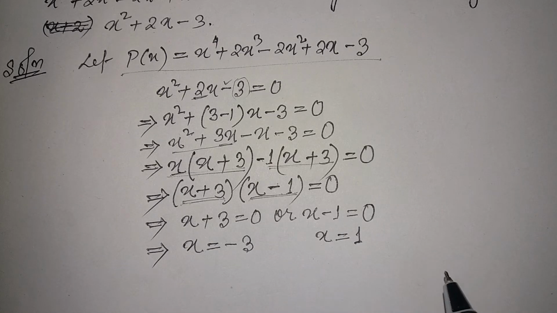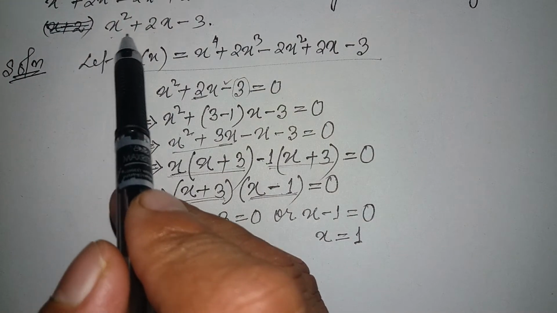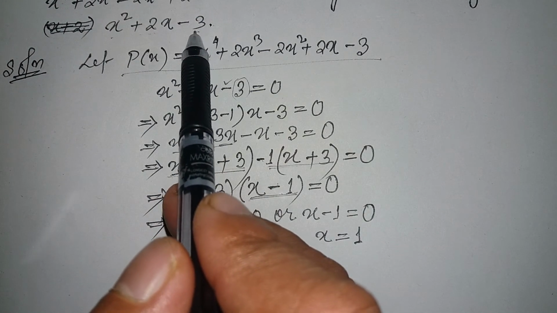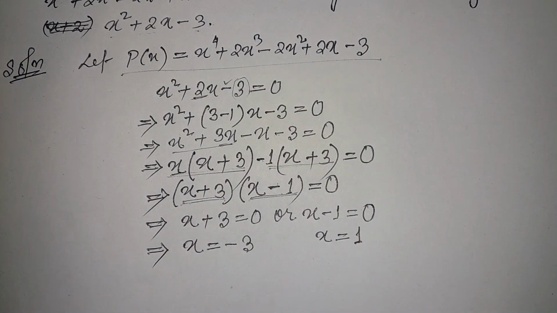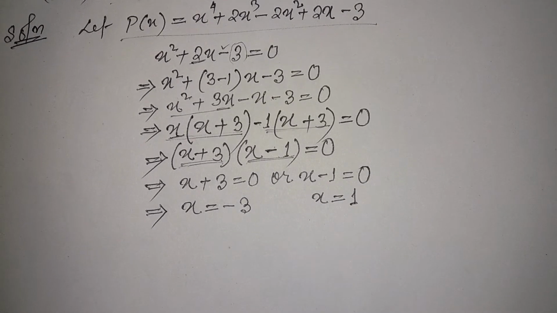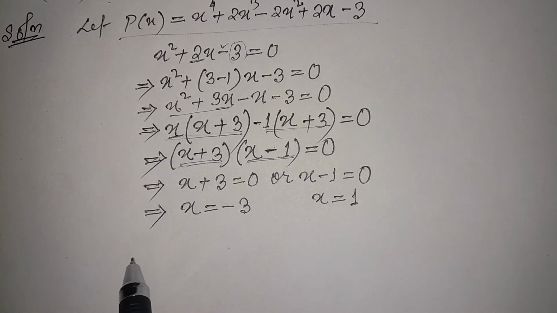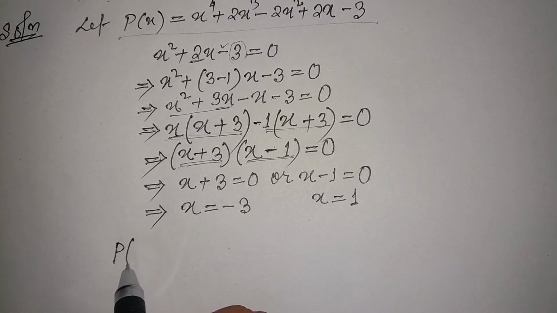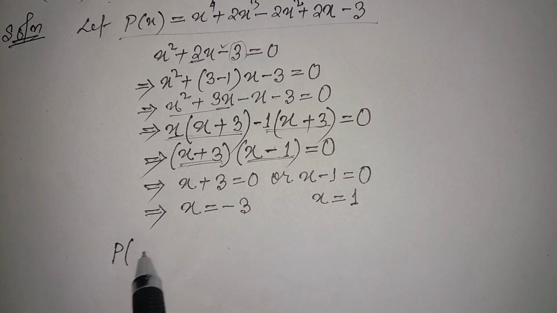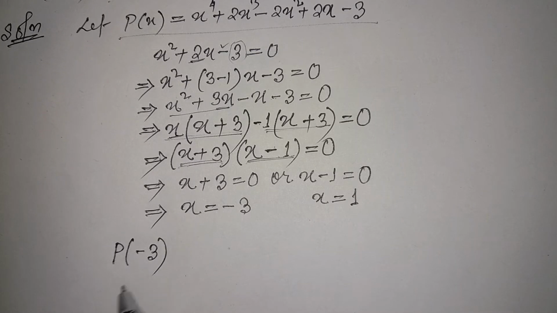And if we are not getting 0, that means this x squared plus 2x minus 3 is not a factor of this given polynomial. So we're going to see whether we get 0 or not.